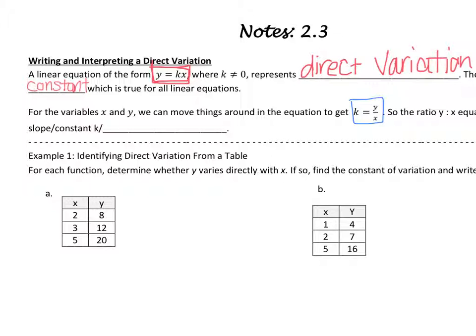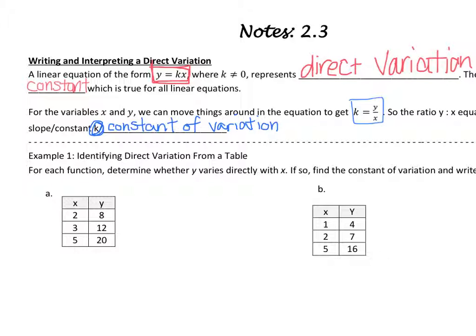So k is the slope. We call it the constant, or the other term for it is the constant of variation. So when your homework asks you to find the constant of variation, you are trying to find k. K is the constant of variation.